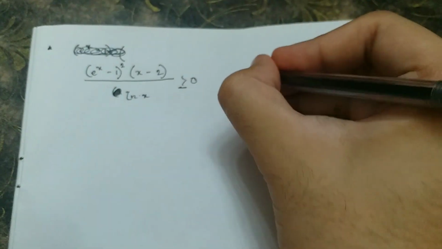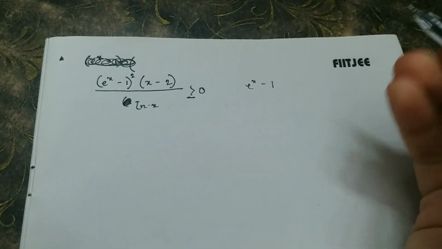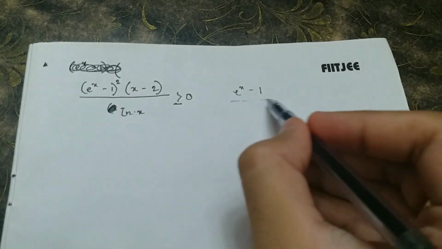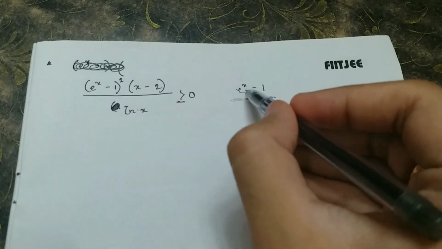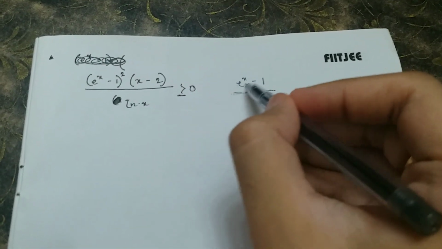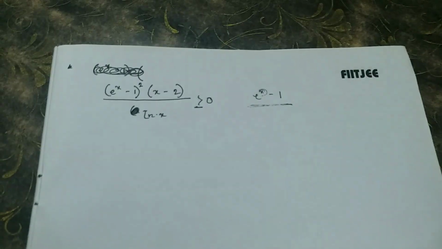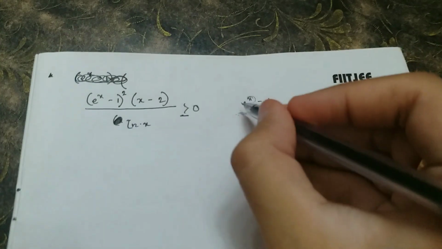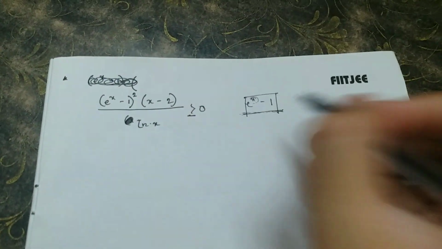See, e to the power x minus 1. We have to find where this becomes 0. This becomes 0 only when e to the power x becomes 1, which is possible only when x becomes 0. So 0 is a zero of this function e to the power x minus 1.